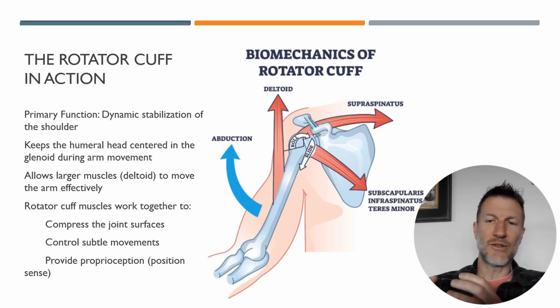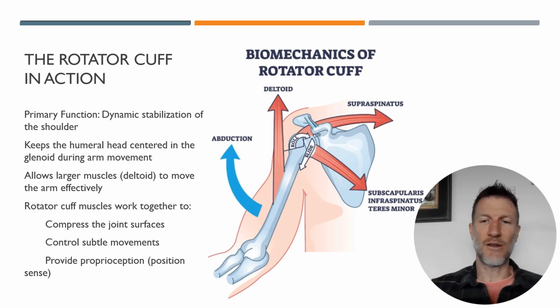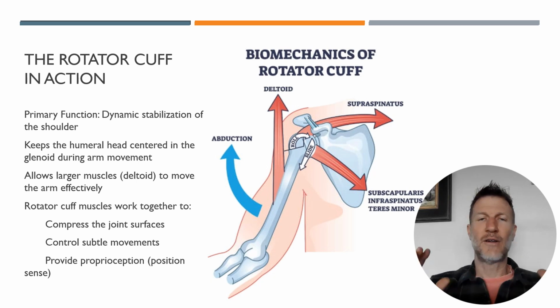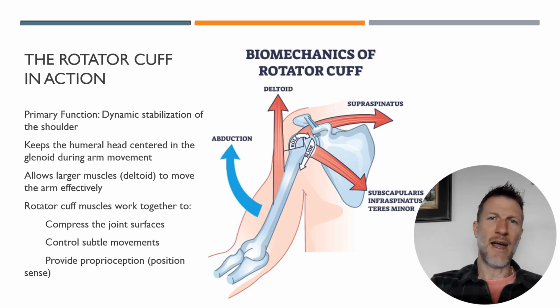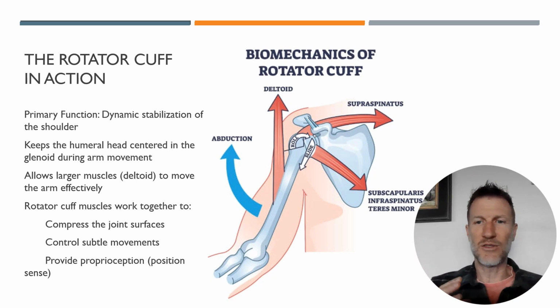The rotator cuff has to accommodate for that, and that's actually why people struggle to sleep when they have a torn rotator cuff, because the forces of gravity are pulling backwards or forwards depending on the position that they're sleeping, and that's causing trouble because they may have weakness in the rotator cuff.